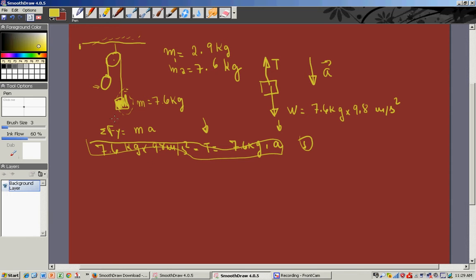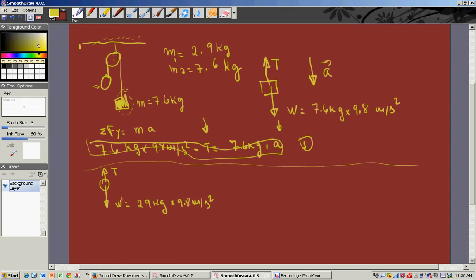So what do we do? We take advantage of the other mass in there, and then we do the same thing. We do our free body diagram. So for this fellow, we have the weight of it, 2.9 times 9.8 meters per square second, and then it has a tension.